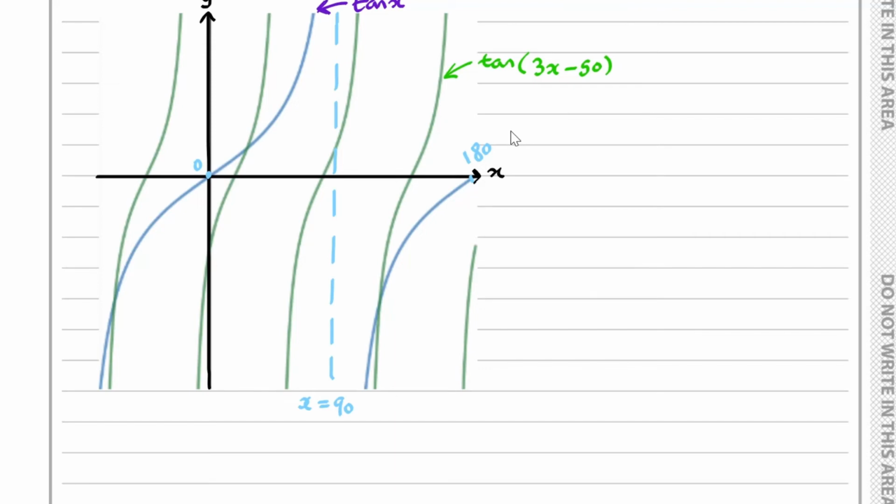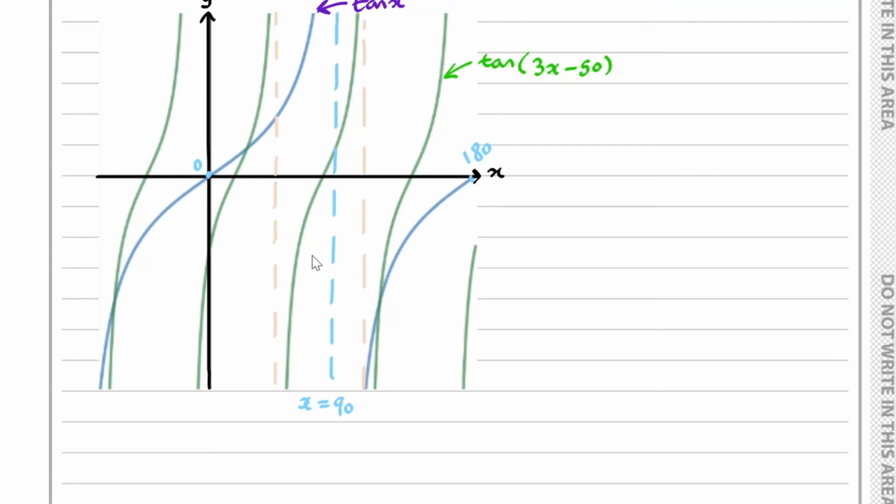And if you look at the other graph, we're going to have an asymptote somewhere over here, like so, and we're also going to have another asymptote here somewhere, okay?